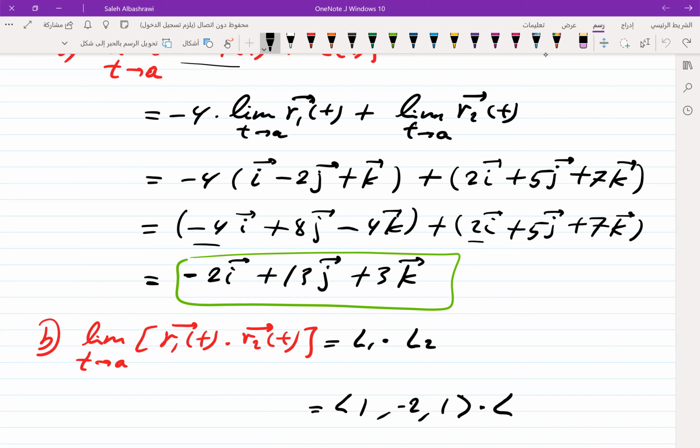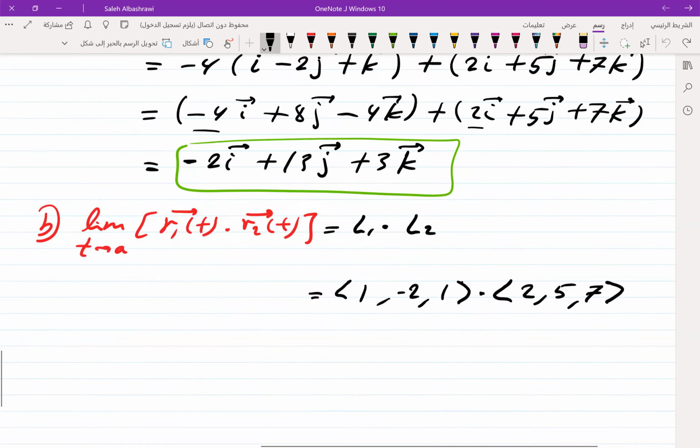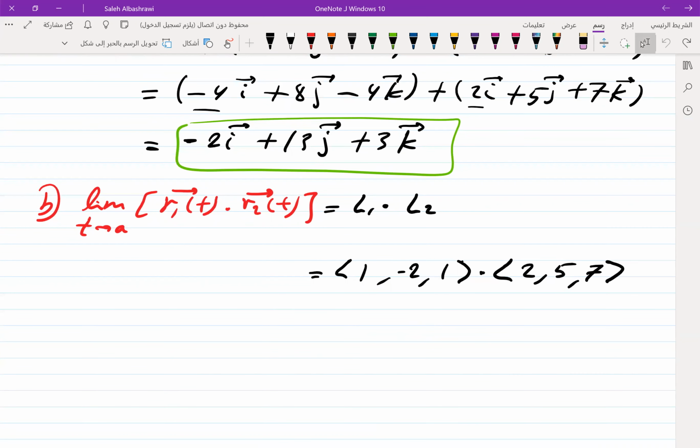Dot with the second limit, which is 2, 5 and 7. Using the dot product, it is 2 minus 10 plus 7, which is equal to minus 1. So the limit of their dot product equals minus 1.